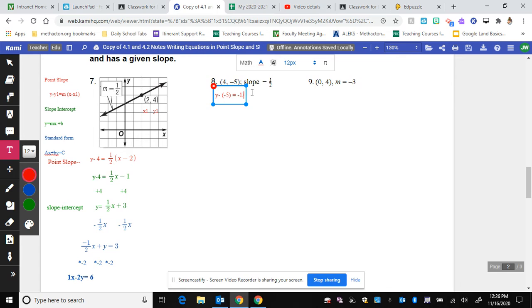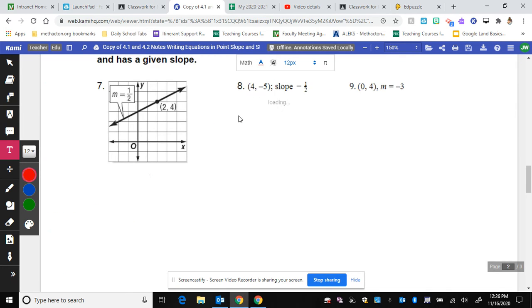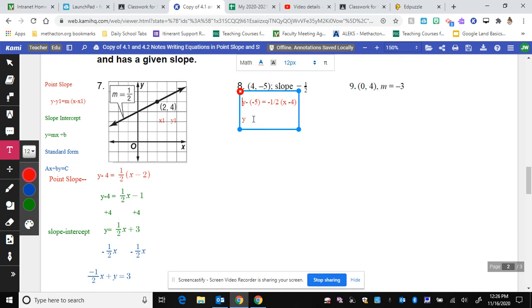Let's just do this a little faster. x minus 4. Okay, so this is pretty much in point slope. I'm just going to make this look a little better. And instead of having my negative, I'm going to change that to my +5. And I still have -1/2, and I have x minus 4. Okay, so that's my first step. That was point slope.